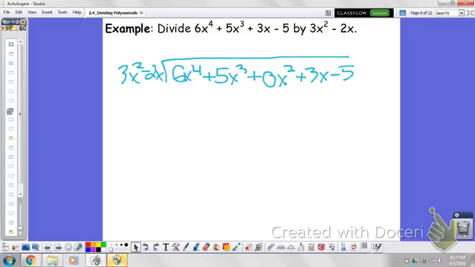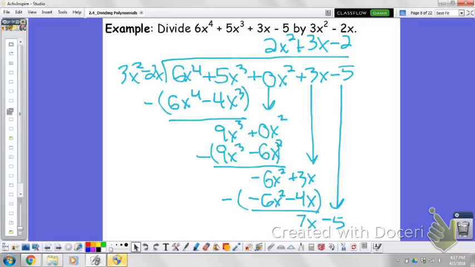So go ahead, pause the video, work out the rest of the problem, and when you're ready for the answer, unpause the video. So when you get to this point, we will have everything we need on the top. So we'll have our quotient, the 2x squared plus 3x minus 2, but we still have this 7x minus 5 to take care of.